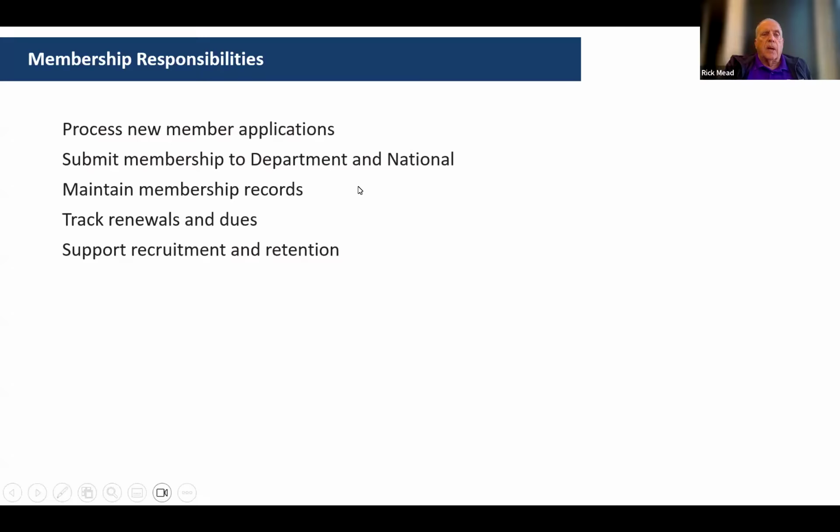This is an area I have learned a lot about, and I think I'm doing a better job now of supporting both recruitment and retention by sharing information and helping people understand the membership process. It is a key part of what the adjutant needs to do in working with both the finance and membership chairs in your posts or districts.